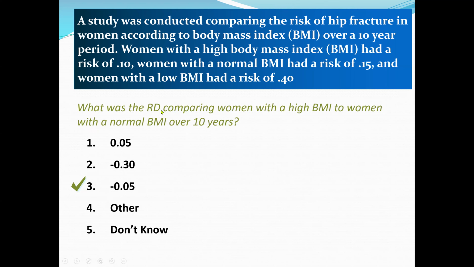So the risk difference can be either prevalence or cumulative incidence of exposed minus prevalence or cumulative incidence of not exposed. If the answer is negative, it means those who are not exposed have more cases than those who are exposed. So the risk factor doesn't have much, it's a very weak association between the risk factor, or the exposure, and the disease.